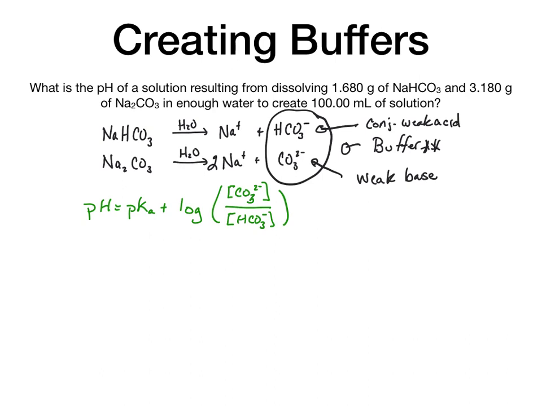And so to do this, I have to find the concentration of both of these. And so the concentration of my carbonate is going to be equal to the moles divided by the total volume.